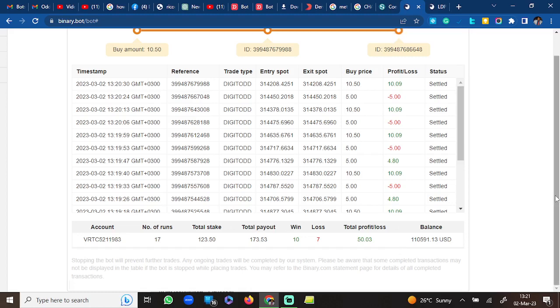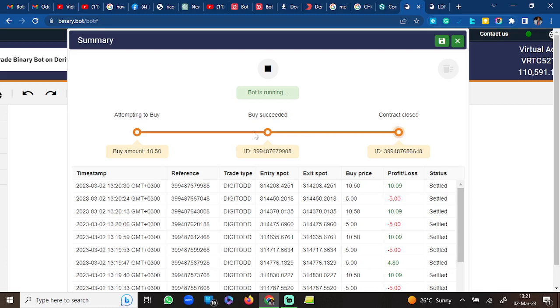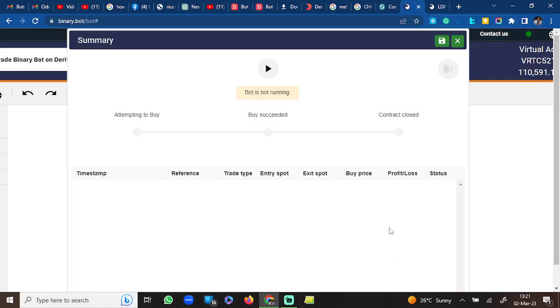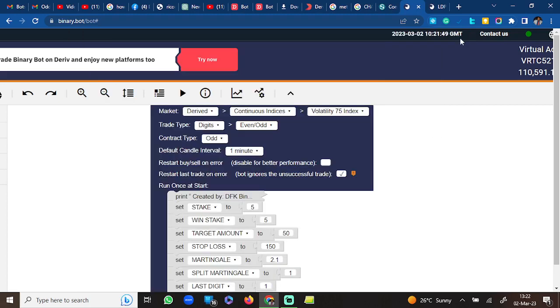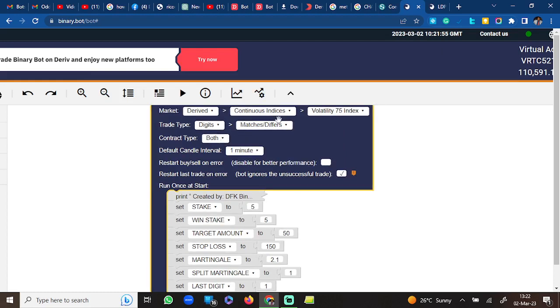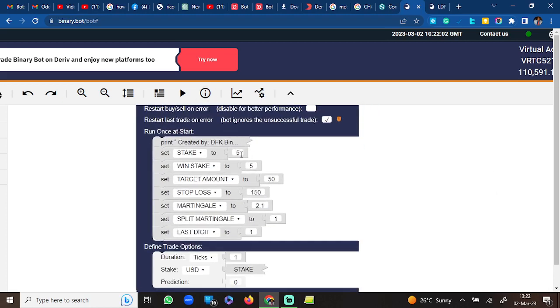The same way applies, we can still make it. Let's say you had 400, and so far you've made $100, I don't think you need to continue trading. But this is an illustration of what you can still do. You can come in and do digit differs and matches, then say differs, then come here, win stake.